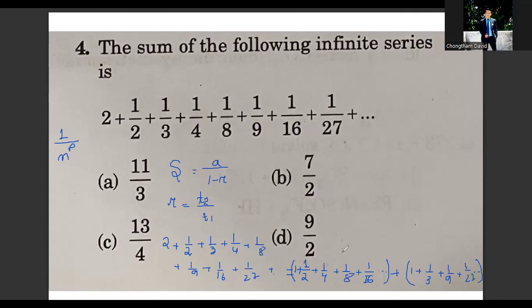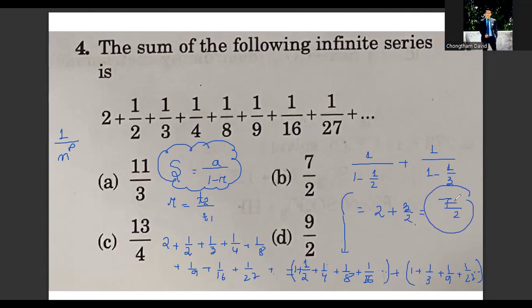So the first term can be written, using the formula s equals a by 1 minus r, as 1 by (1 minus 1/2) plus 1 by (1 minus 1/3). Simplify this. It gives (2 plus 3 by 2). So the answer is 7 by 2. Option B.